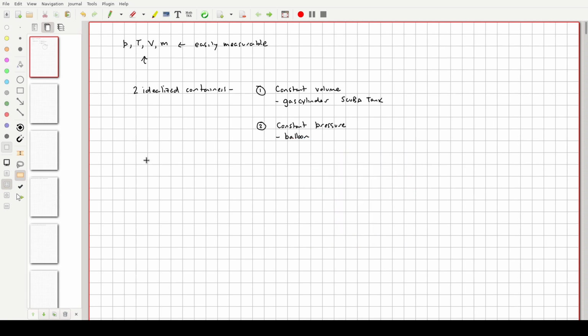All right. So if you think about a gas, gases can have pressure, they have volume, they have temperature, and there's also an amount, okay, a mass, we'll say.